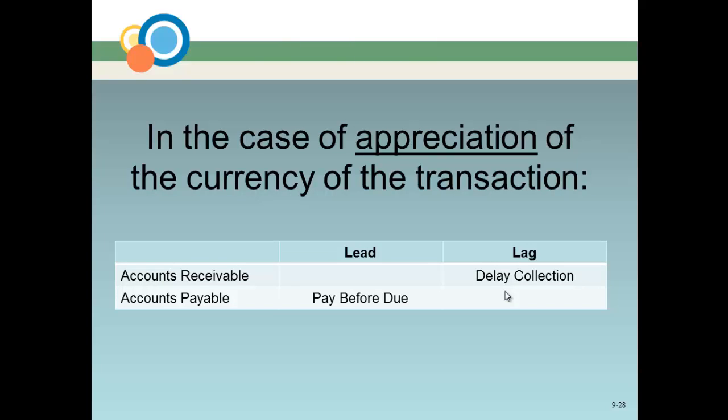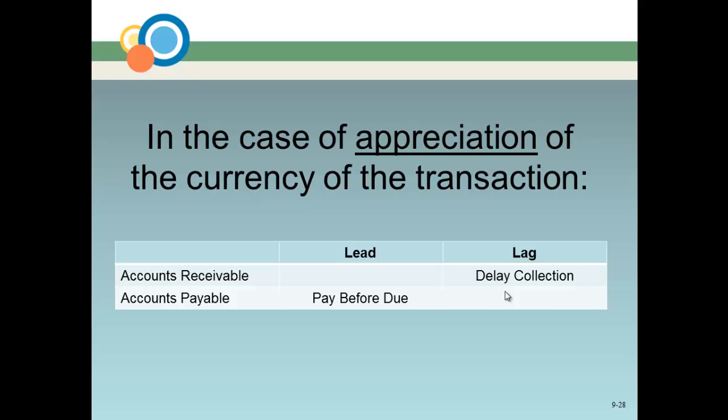So if a company thinks that their currency is going to appreciate, they may delay the collection of accounts receivable because they want the money that they receive to be worth more. So if they think the value of the currency is going to be worth more next week, then they're going to put off collecting money from their customers.